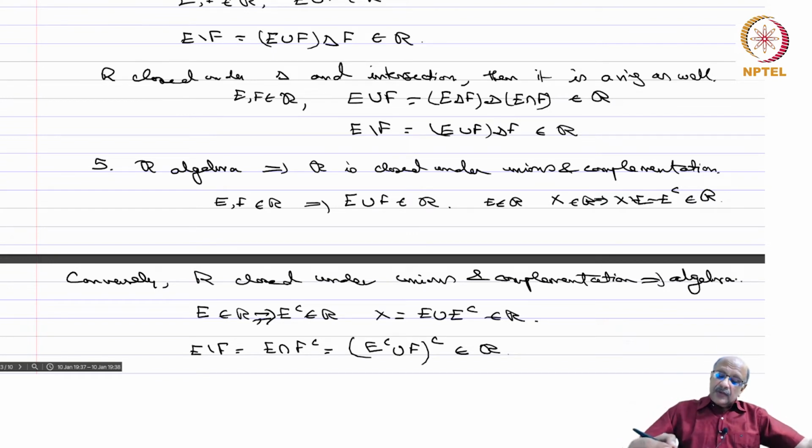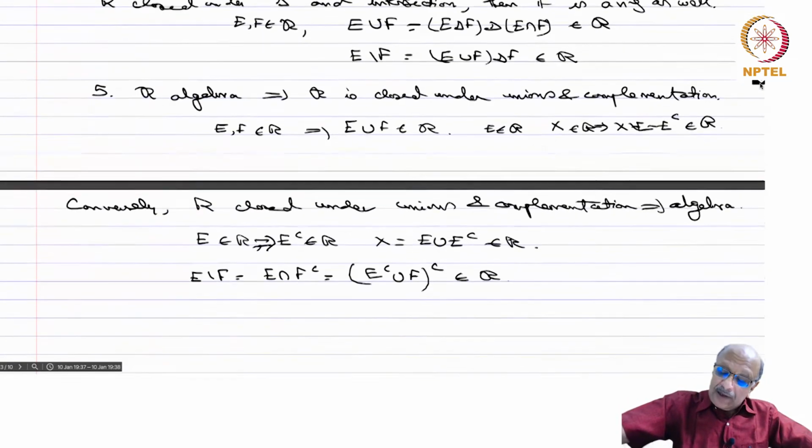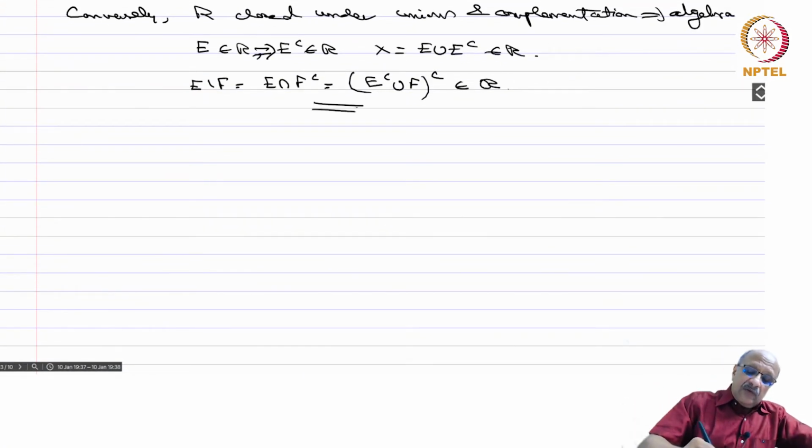Closed under the unions, closed under differences, and X is there, so this becomes an algebra. Okay, so we have various alternative ways of defining a ring or an algebra, and these are all very easy to state using set theory.